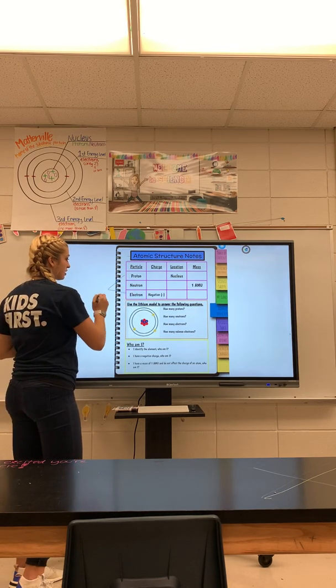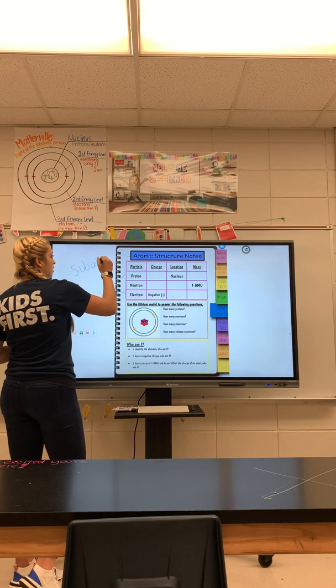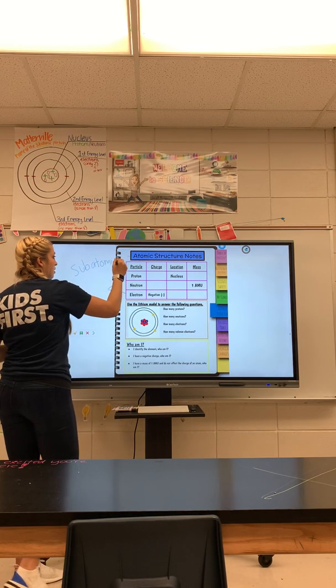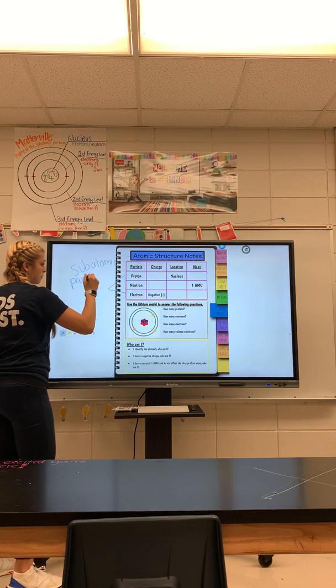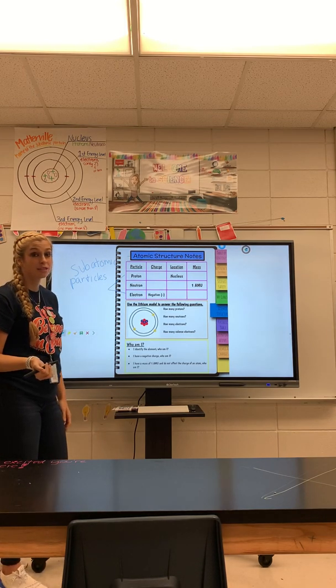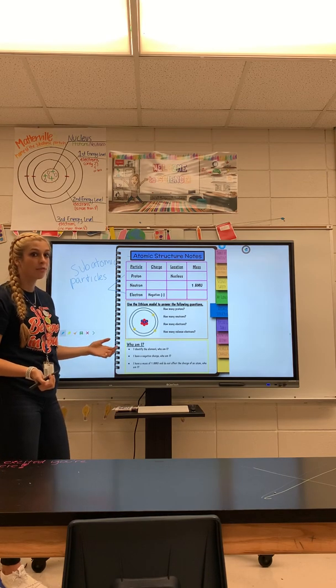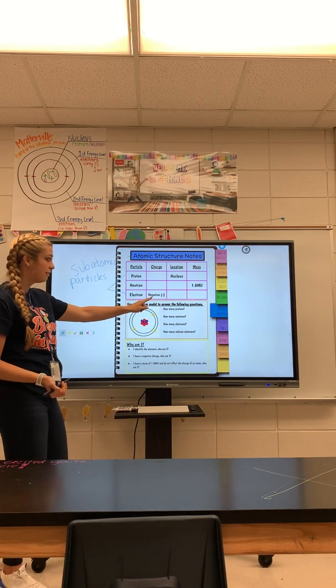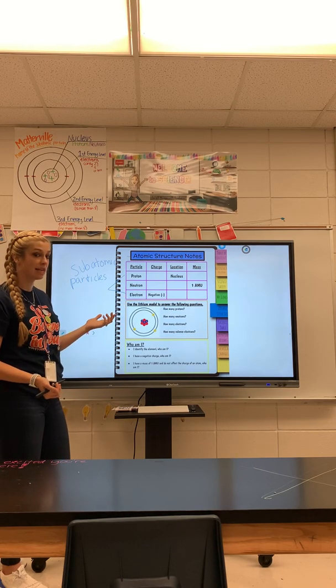So these things are called subatomic particles. And that's a fancy word to mean parts of an atom. So if I said which subatomic particle is negative, you would say electron. It's the same thing as saying which part of an atom is negative.